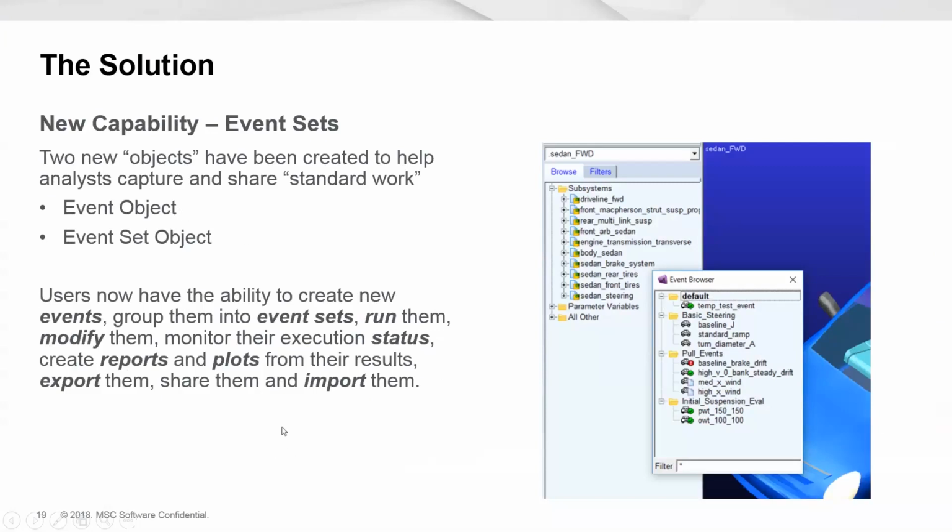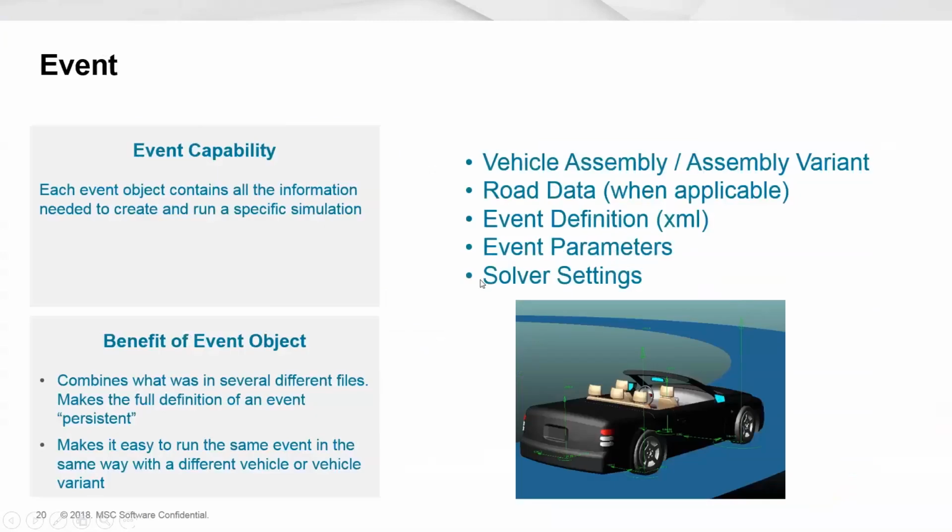Users can now create new events, group them into event sets, run them, modify them, check the status of their execution, and also create reports and plots from these results. Export these events and event sets, share them with other users, and import them from the saved configuration. And we'll get into all of these capabilities in a tiny bit more detail as we go through here.